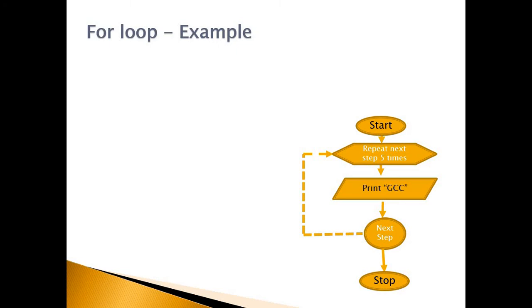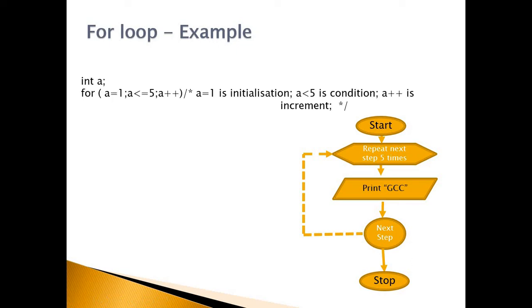Here we have one example where we want to print GCC 5 times. This is the flow chart for printing GCC 5 times, and here we have a block of code which prints GCC 5 times. Here we have used the for loop as for a is equal to 1.